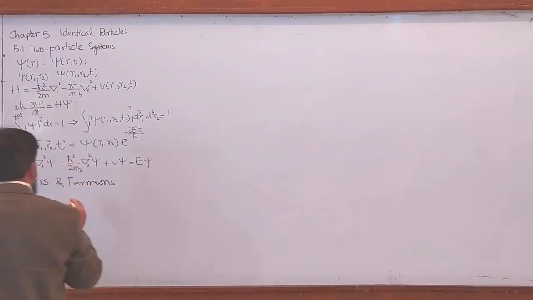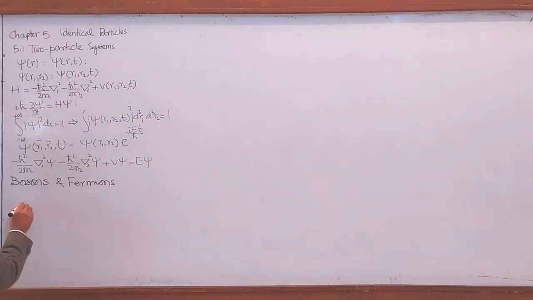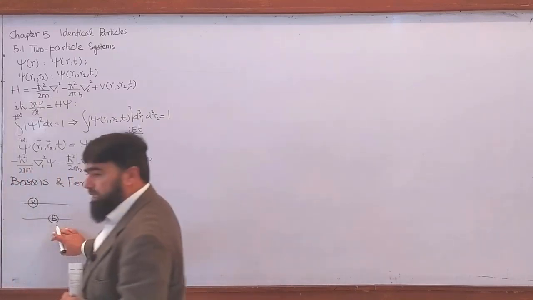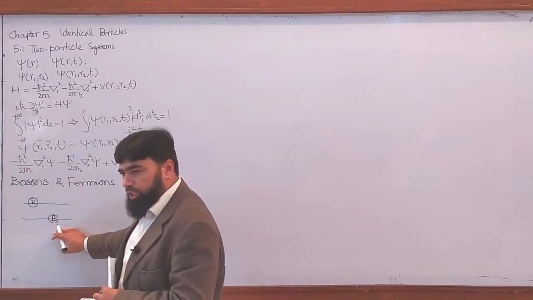For example, I have a two-orbit or two-state system, and here in this system I have placed one particle which is a classical particle. Let's say this is red, and this particle is, let's say, blue. So this is one configuration.